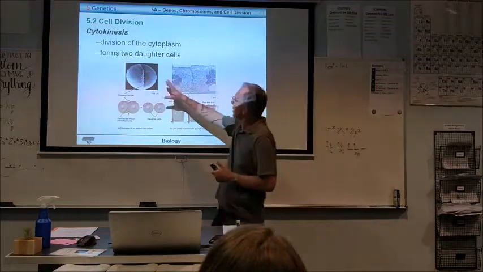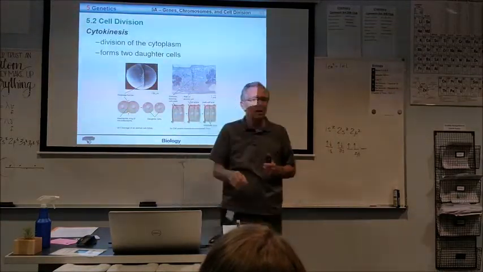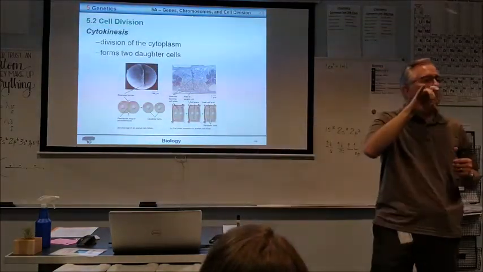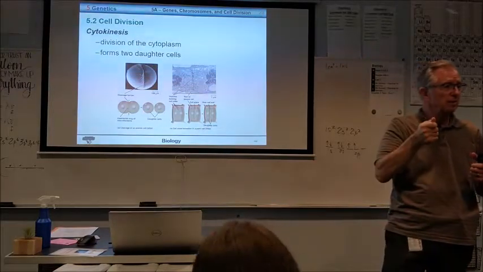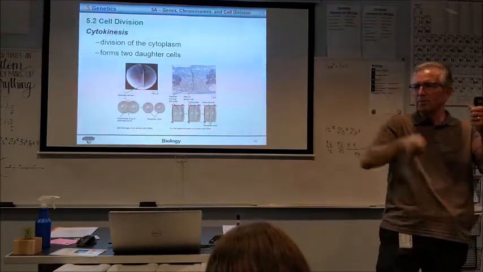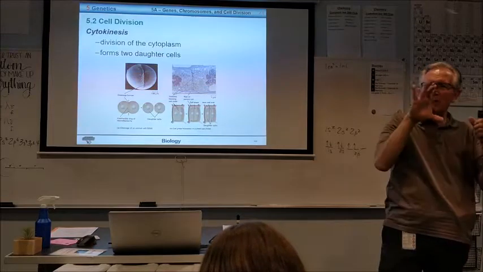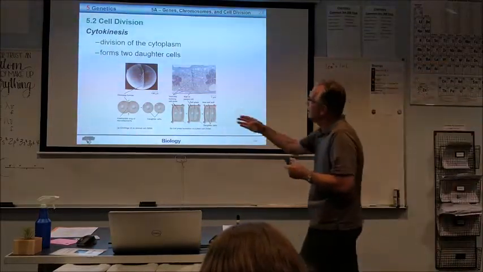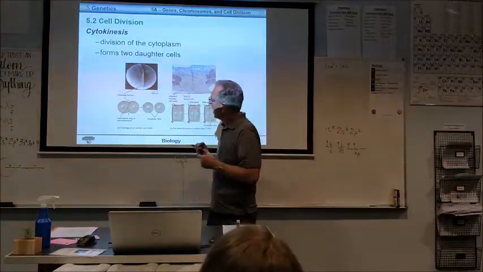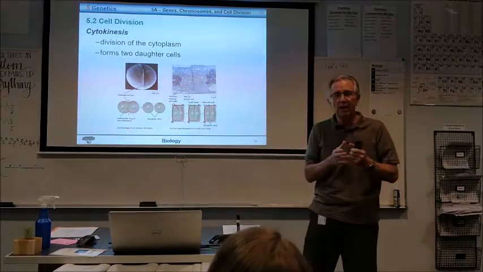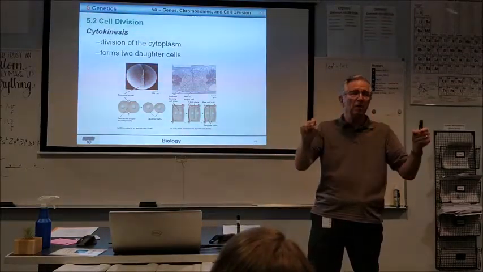So in animal cells, they will pinch off in the middle. We call it, they cleave, like a meat cleaver. You use it to cut meat, like that. So think of it kind of pinching off in the middle of the animal cell. And so now we'll actually have two separate cells.